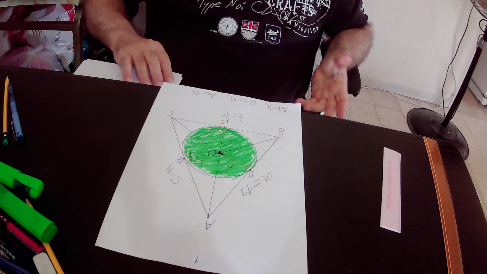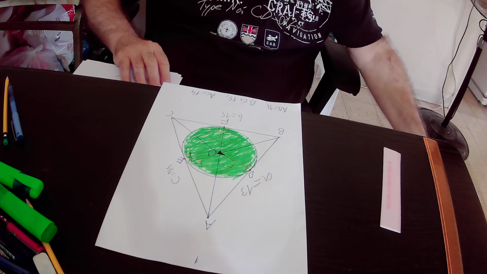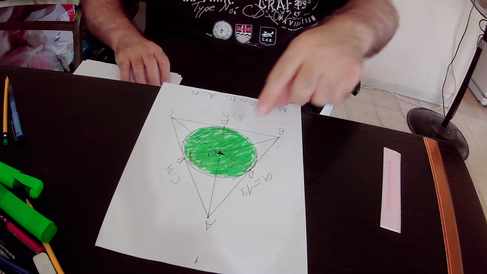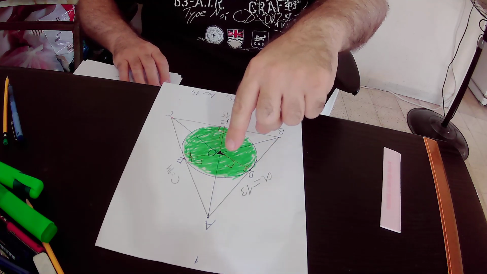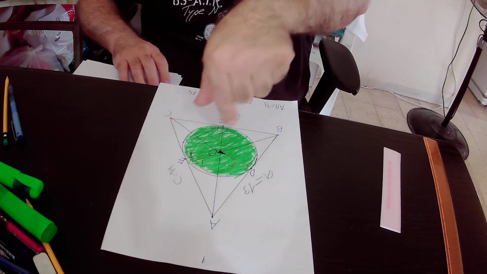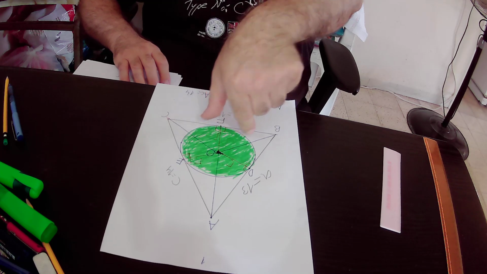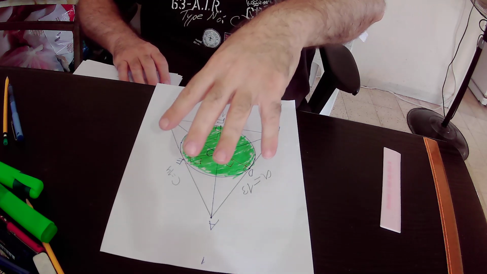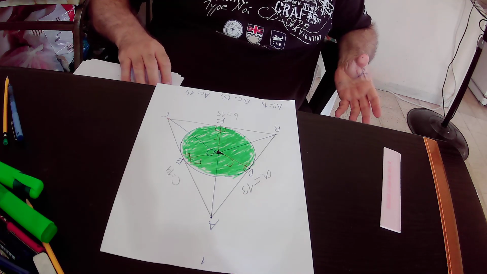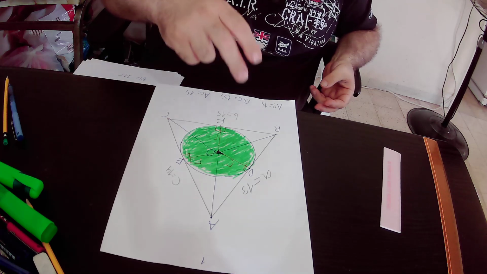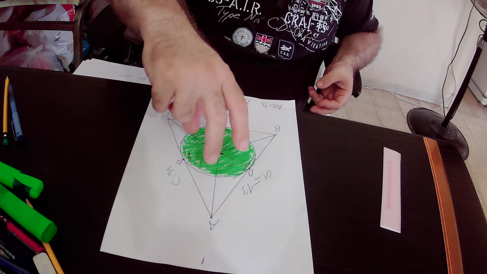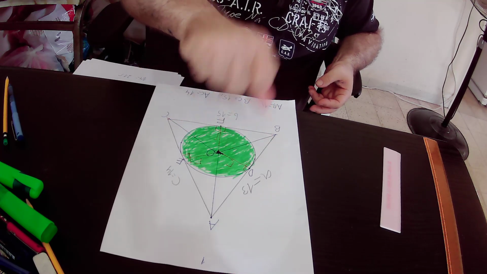Okay, and then we created the equality that states that the sum of the areas of the 3 small triangles, that is to say triangle AOB plus the area of triangle AOC plus the area of triangle BOC, will be equal to the area of the big triangle ABC, that is equal to 84 square units, because the triangle ABC contains exactly the 3 small triangles, triangle AOB, triangle AOC, and triangle BOC.